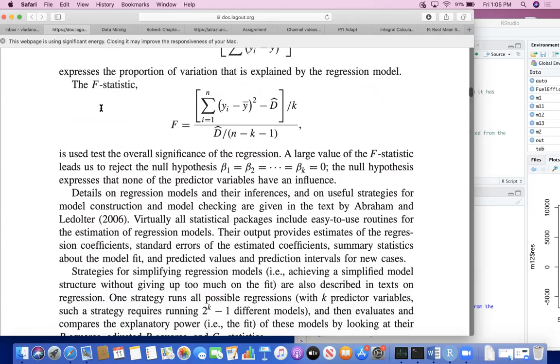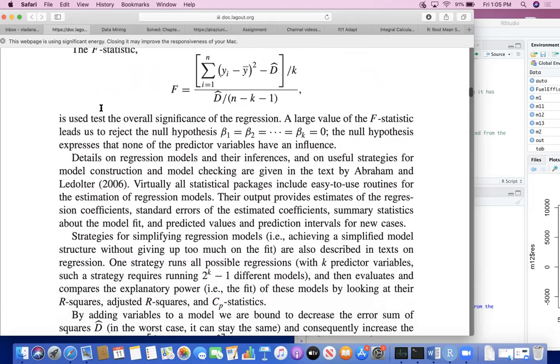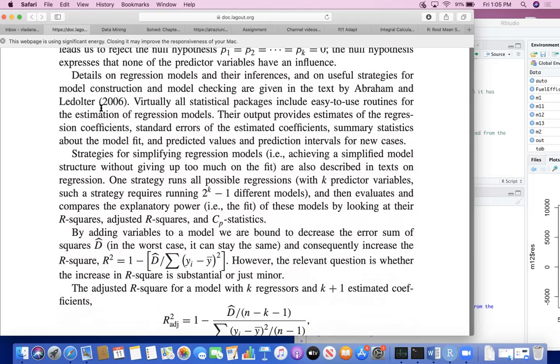A large value of F leads us to reject the null, where beta 1 equals beta 2 all through beta k equals 0. Output of regression models provides estimates of the regression coefficients, the standard errors of the estimated coefficients, the summary statistics about the model fit, and the predicted values and prediction intervals for new cases.